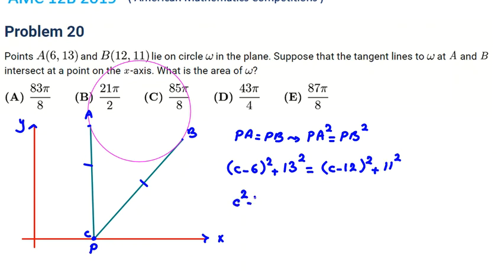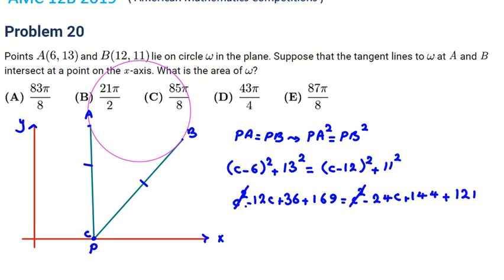So C squared minus 12C plus 36 plus 169 equals C squared minus 24C plus 144 plus 121.